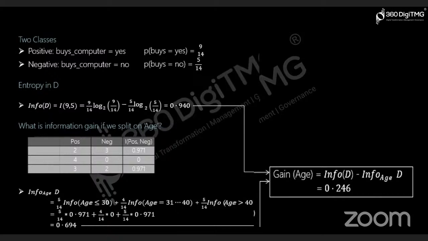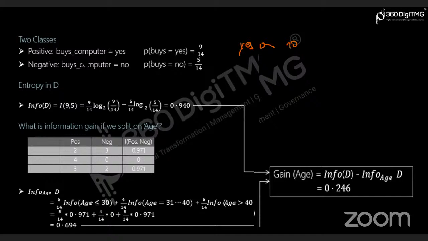Here we had two possible outputs, yes or no. The first thing we do is find the probability of all our outputs.